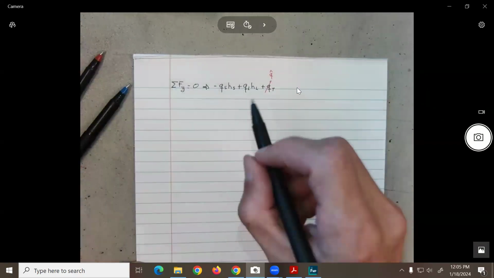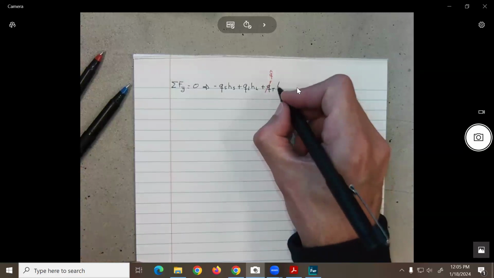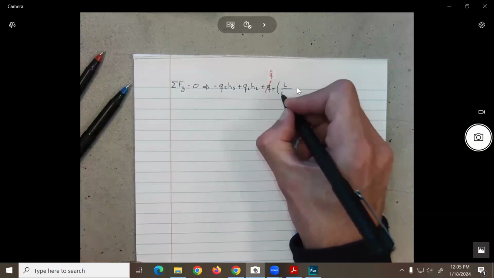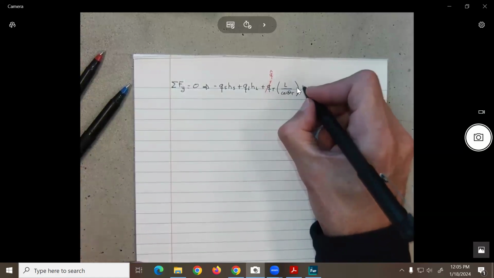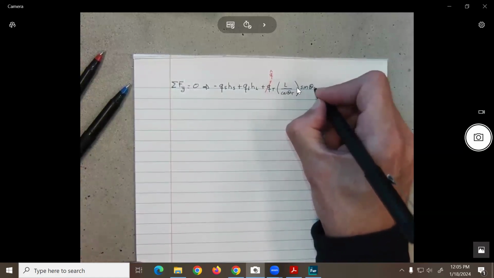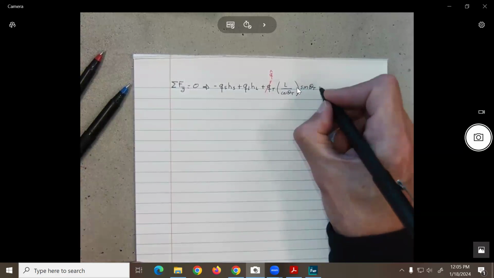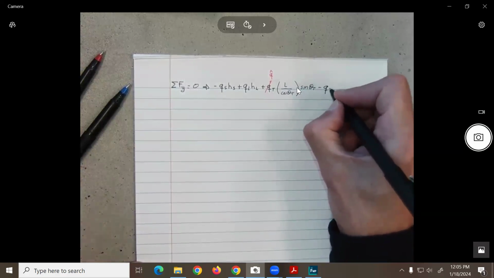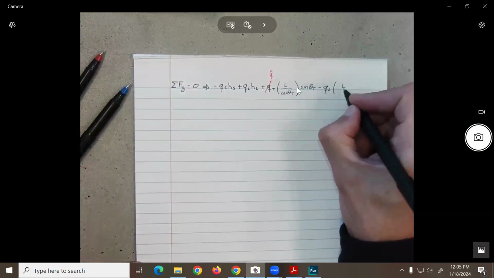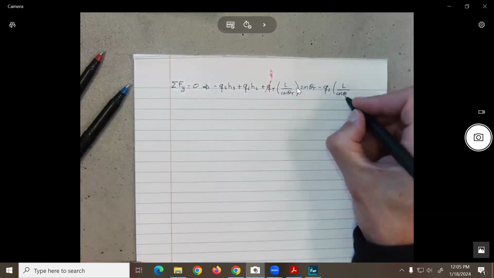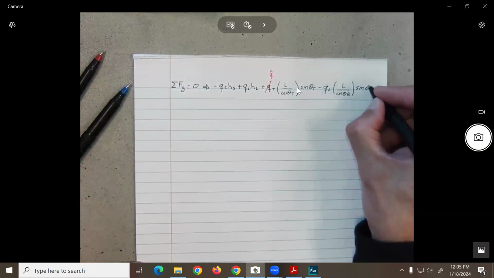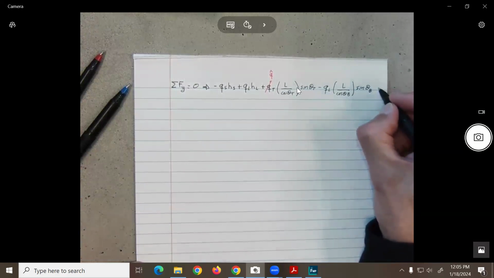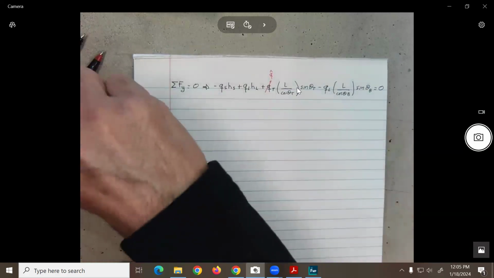Can do that maybe at the end. L over cos theta top. Before we had cosine theta top, this time it is going to be sine theta top, minus Q sub L, L over cosine theta bottom, sine theta bottom equal to 0.